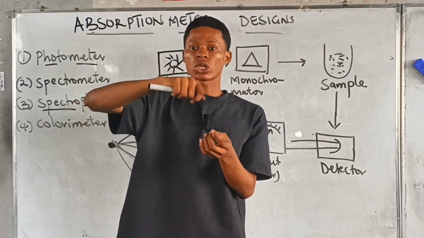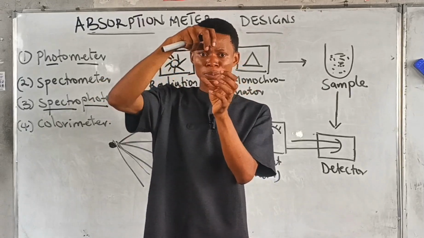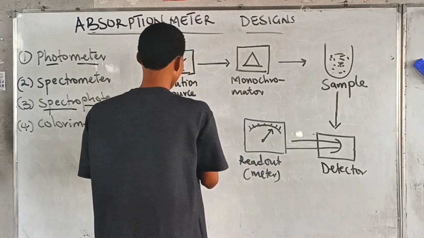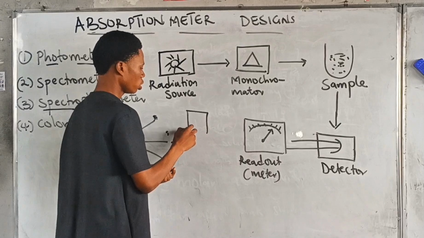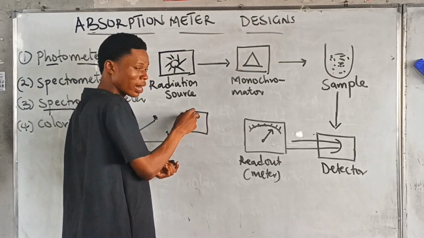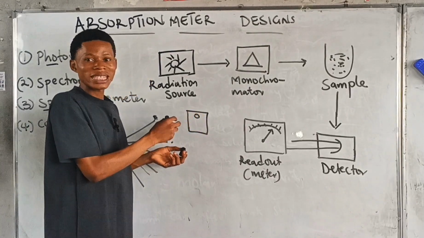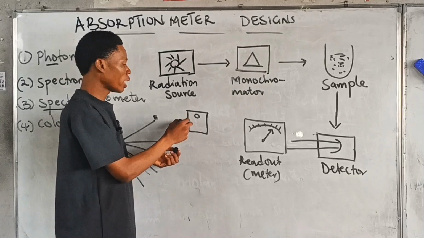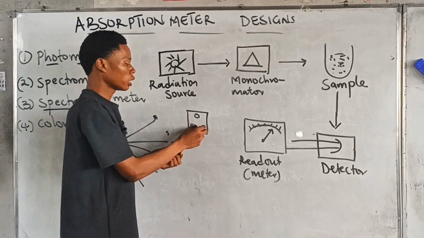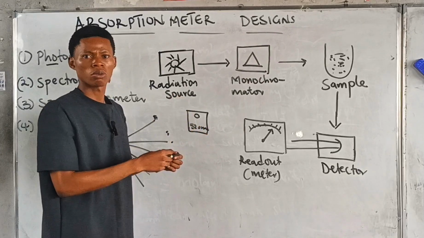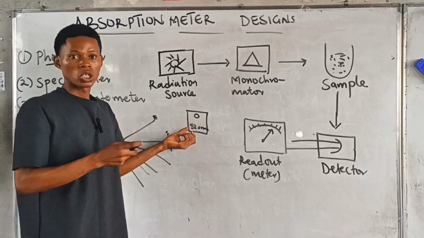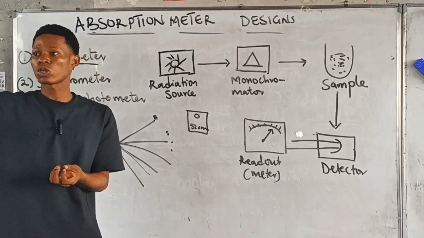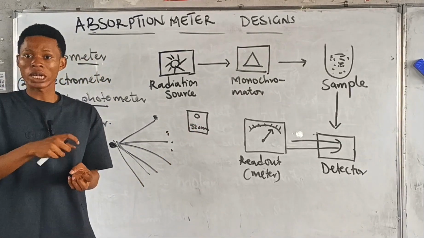If you go to the lab, you see the filter. It's a short black substance with a little hole that has glass inside. By the side, they will write the wavelength, whether 520 nanometer or another. Depending on the color you want to analyze, you select the wavelength suitable for that.